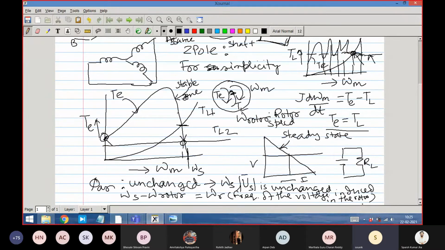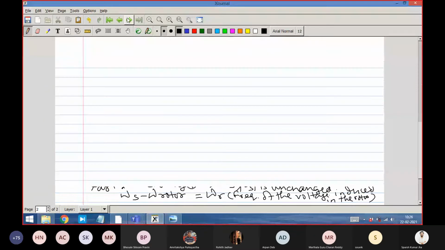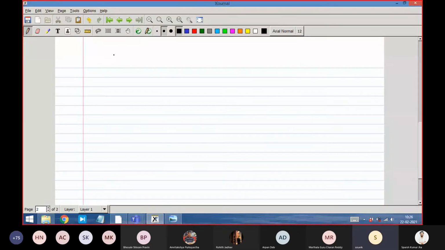So then comes the second equation, the torque equation. What is the torque equation we have seen?